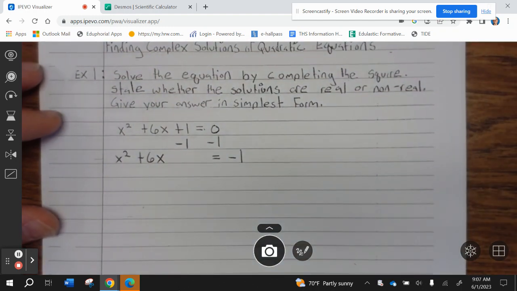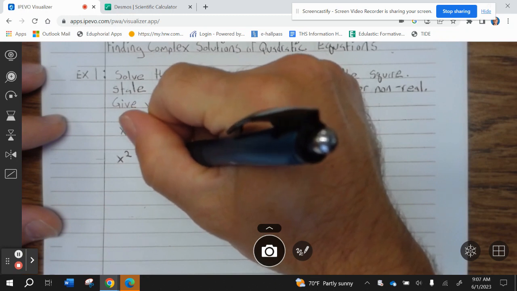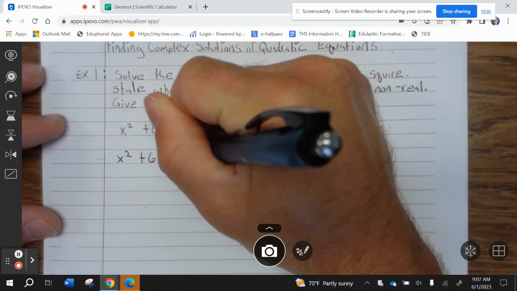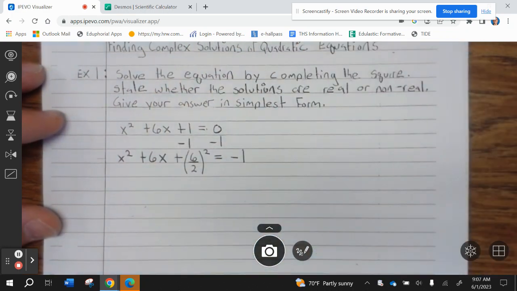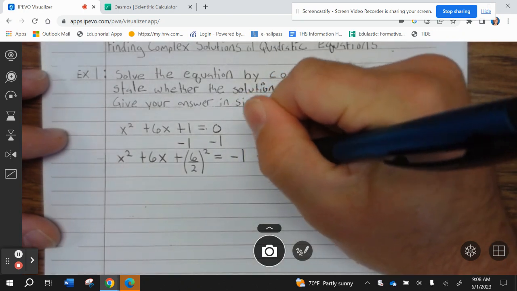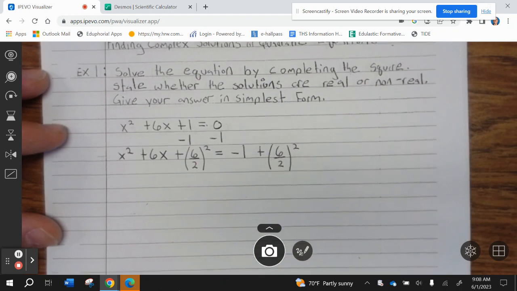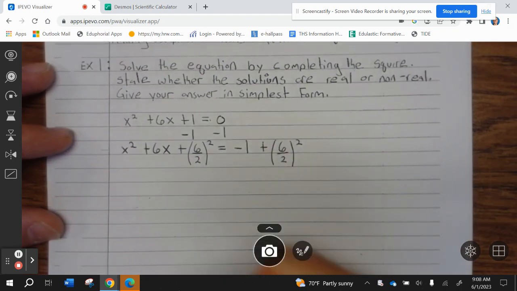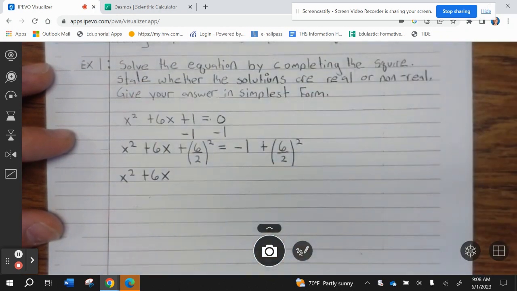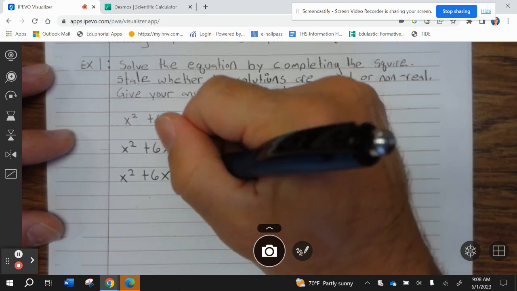Now, to complete the square, what you do is you take the number in front of x, divide it by 2, and square it. But because of equality, what you do to one side, you have to do the other. So that's plus 6 divided by 2 squared. So we have x squared plus 6x plus 6 divided by 2 is 3. 3 squared is 9.